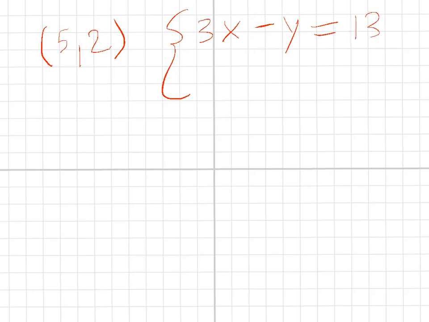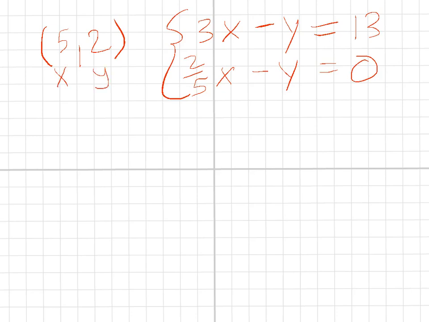So we're going to actually verify it. They're going to give you 5, 2, and they're going to say, is this a solution to that system I just had up? 3x minus y equals 13, and 2/5 x minus y equals 0. You're just going to plug in your x and your y.